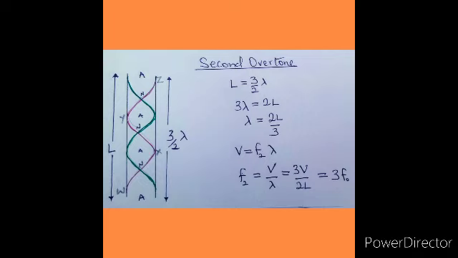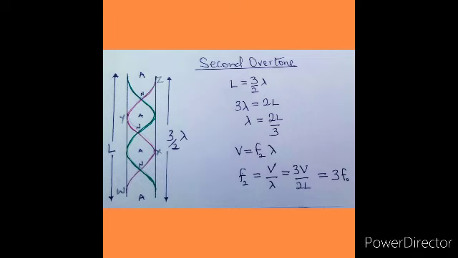Making F2 the subject, we have V over lambda equals 3V over 2L, because our lambda is 2L over 3. So the frequency of the second overtone is equivalent to 3F0, that is 3 times the fundamental frequency.